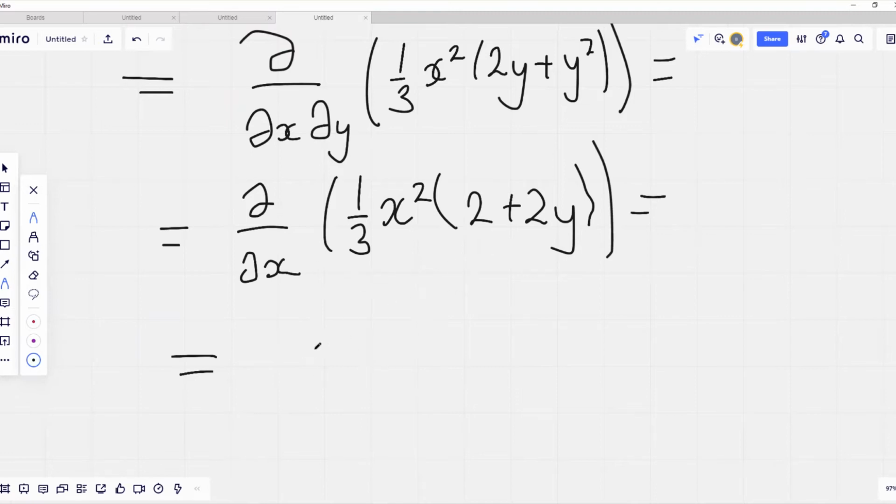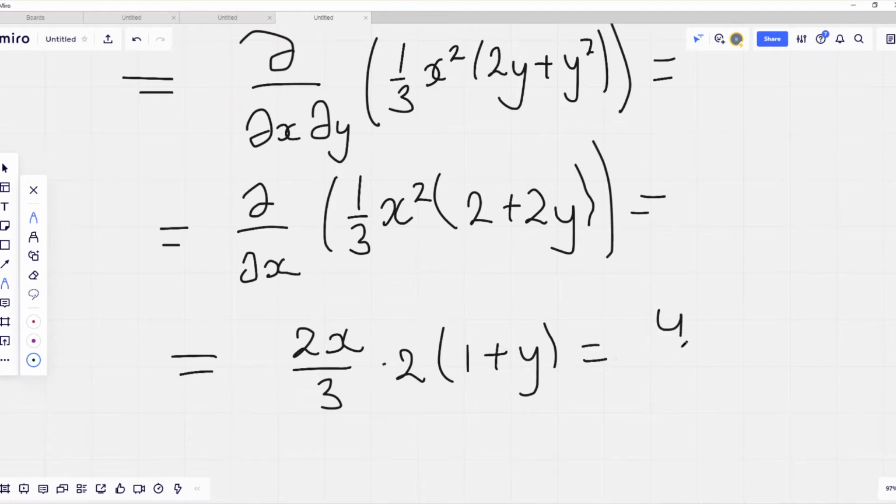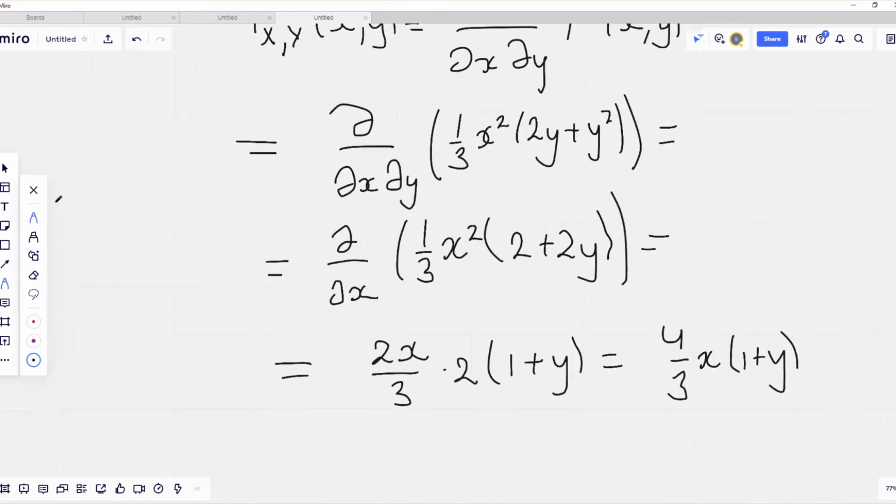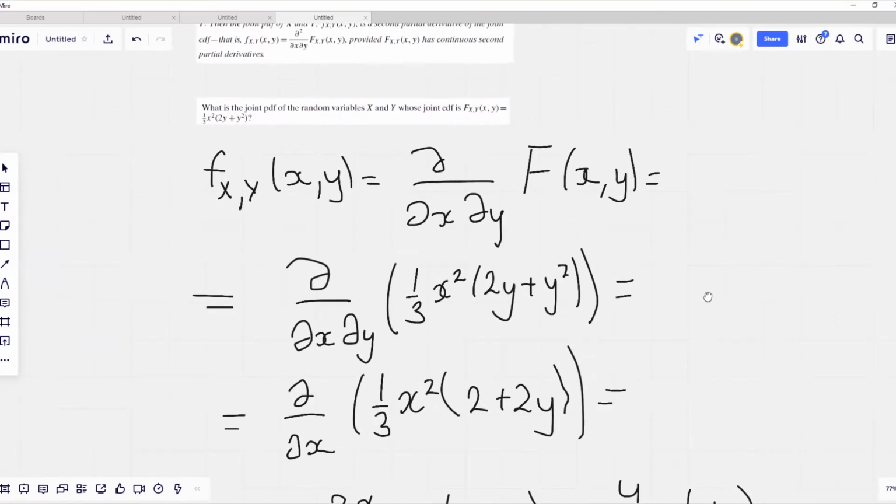Now holding y constant, we'll get 2x over 3 multiplied by, let's factor out 2, 1 plus y. So 4 over 3 x (1 plus y) is the joint PDF function which we derived from the joint CDF function.